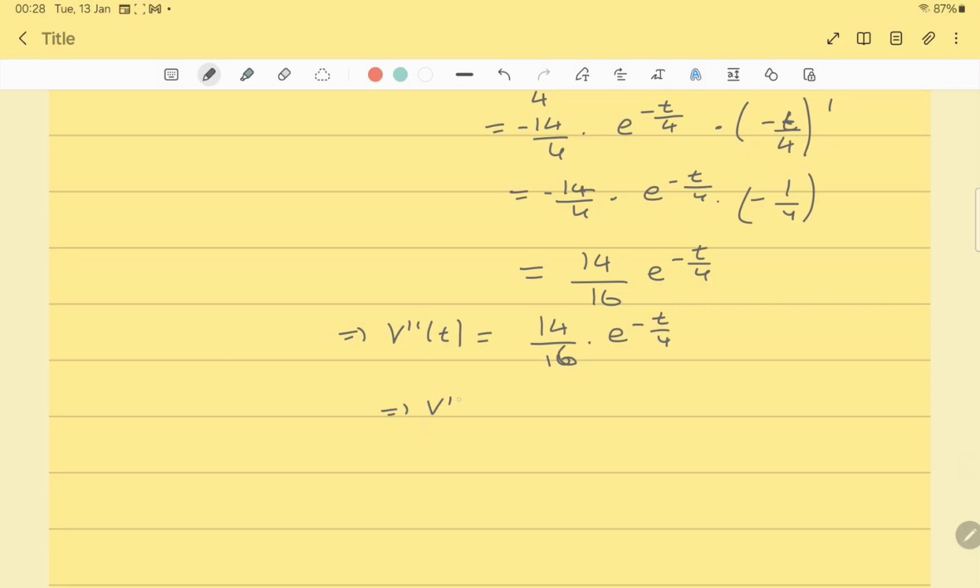And you can simplify the fraction: it's going to be 7 over 8 times e to the minus t over 4. And that is the equation for the second derivative of the function.